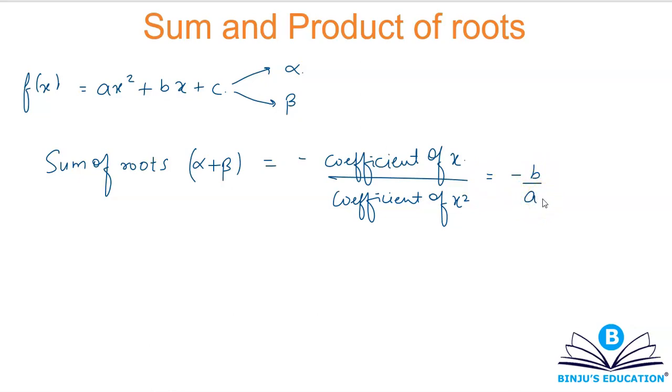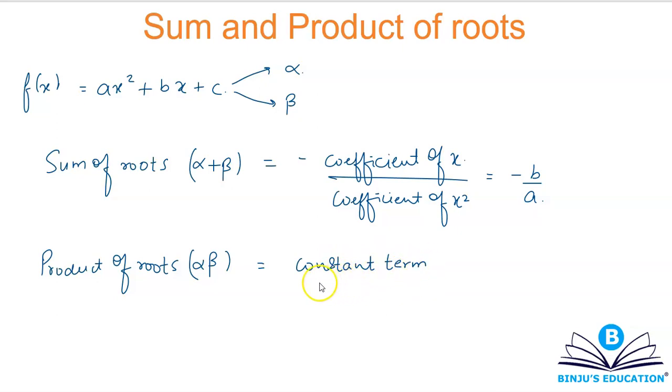Okay, and if you talk about the product of the roots, that's alpha beta, that's the constant term divided by the coefficient of x², so that's c by a.